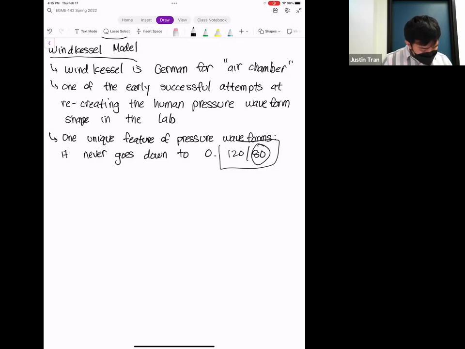All right, and so the big reason, and I might have mentioned this last time too, why the pressure never goes down to zero is the fact that your larger arteries are compliant.